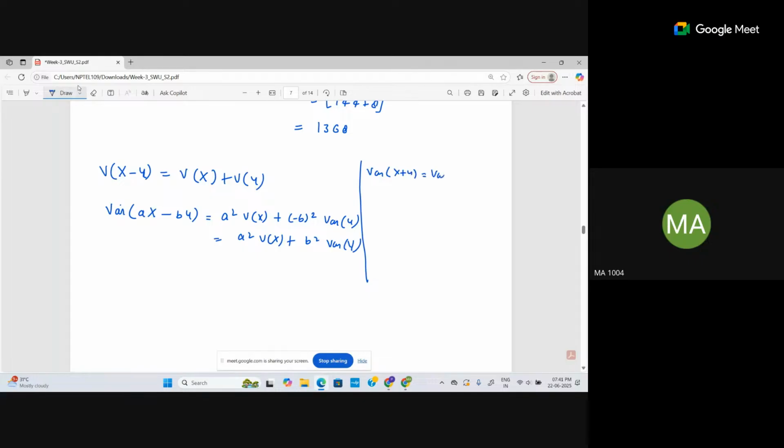It is variance of x plus variance of y, and if they are not independent, the covariance terms also come in the formula. But I think this is not in your syllabus. I'll check it again, but we have to study the independence part. If they are independent, then this covariance term becomes zero, and otherwise it is two times the covariance of x and y.